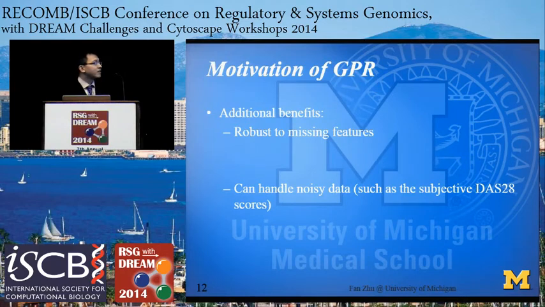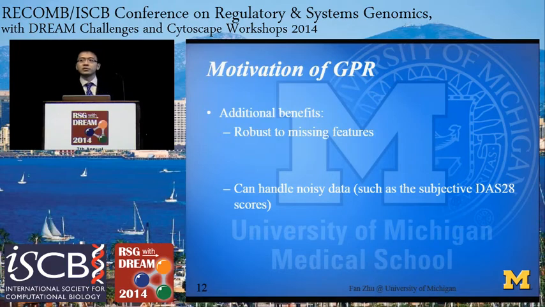The additional benefit of Gaussian process regressions are it is robust to missing features, which is commonly observed in the clinical data. And it can also handle noisy data very well. For example, the DAS28 score is a subjective score, which is expected to be very noisy.